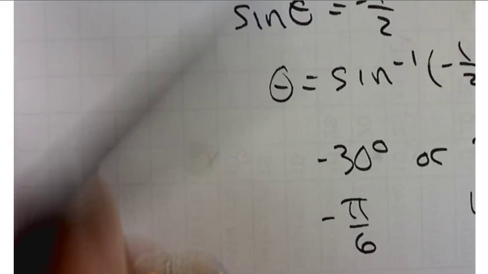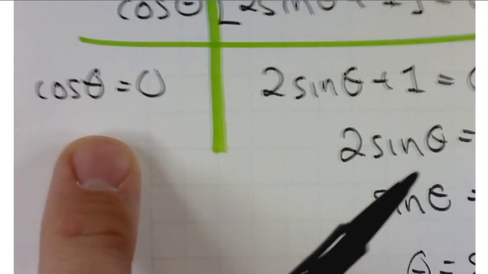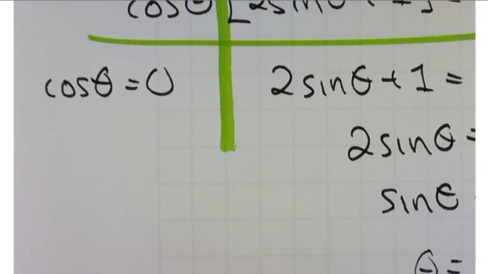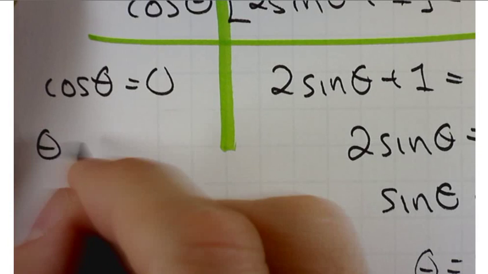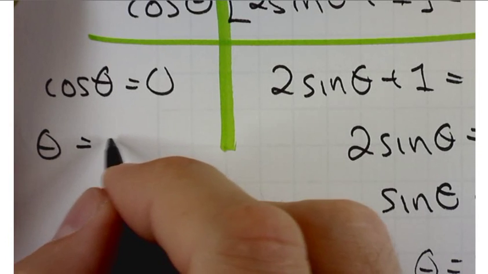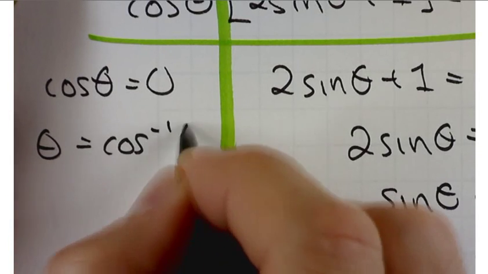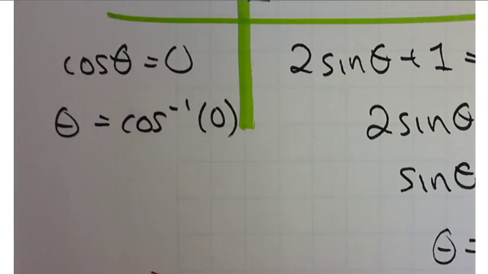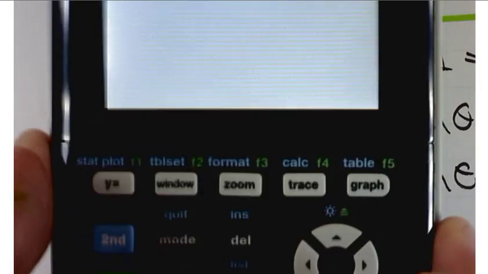What angle has a cosine of 0? Where on the unit circle is the x-coordinate equal to 0? Yeah, pi over 2. So theta equals cosine inverse of 0 should be 90 degrees.